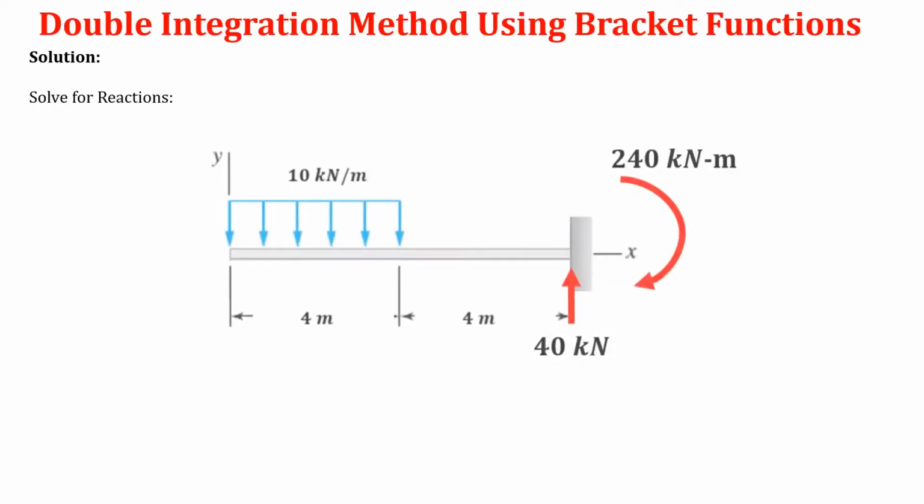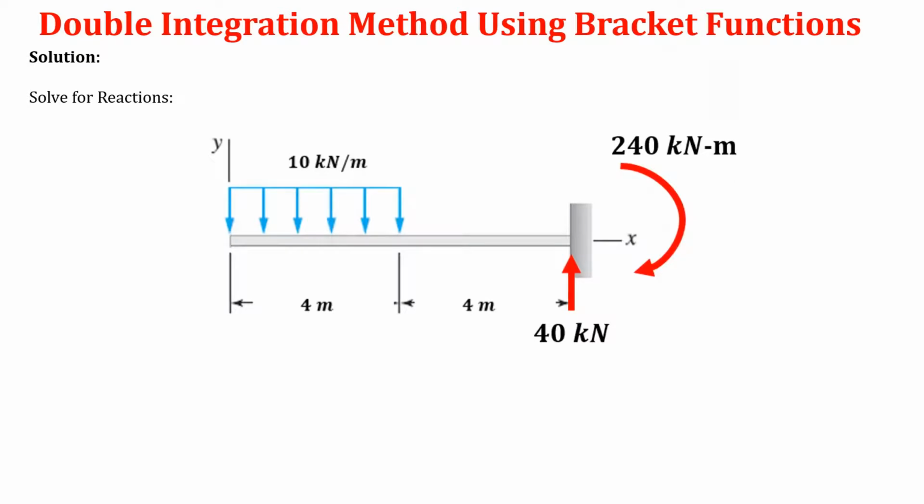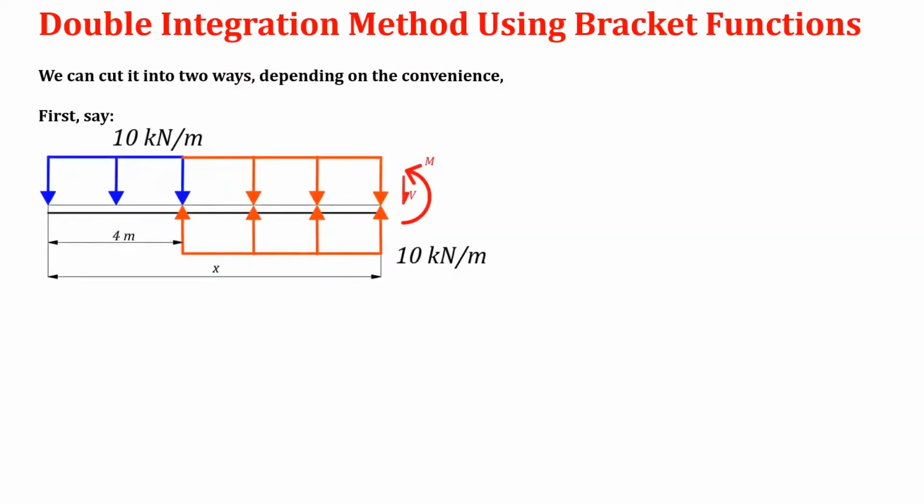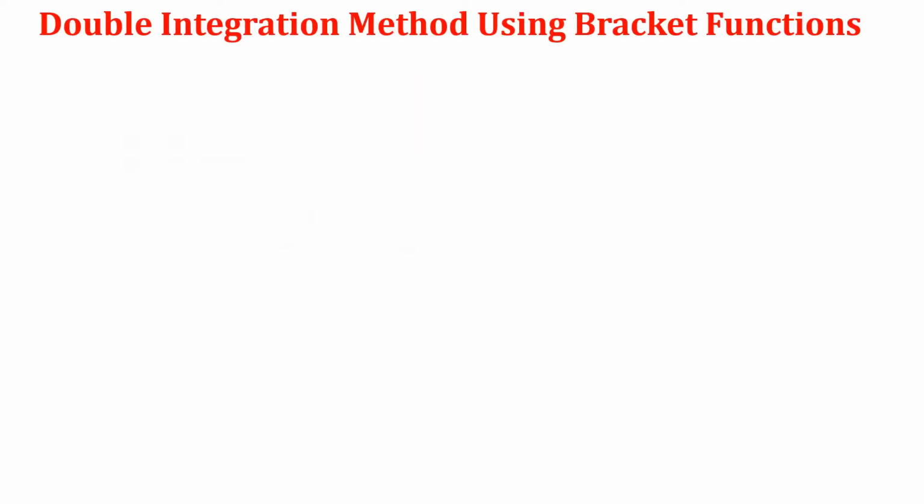So, first, let's solve muna for the reactions. Ang reaction lang ana, diri vertical is 40 and then naay clockwise diri na to 40 kilonewton meter. And then, after sa reaction, ikat na to ang beam.